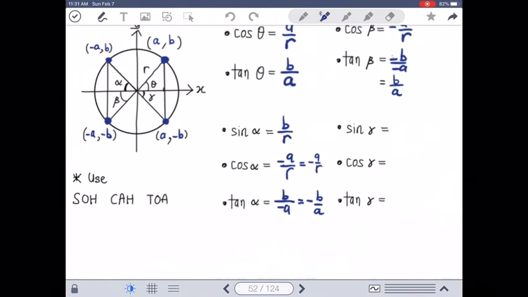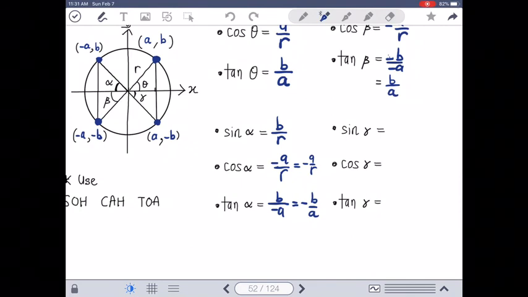Okay, for the last one. Sin is opposite over hypotenuse. So the opposite is negative B over R. Cos is adjacent over hypotenuse.